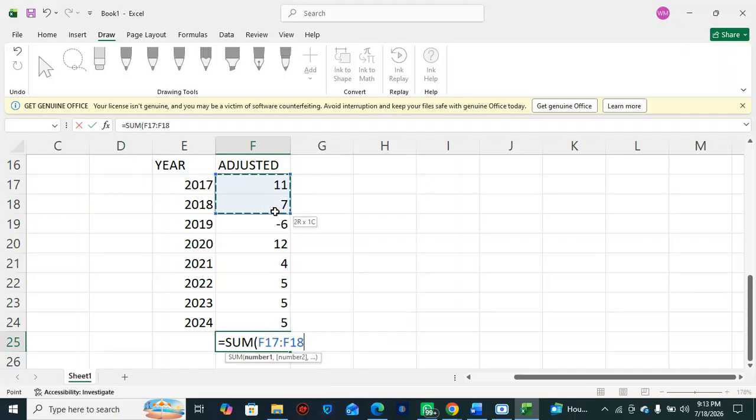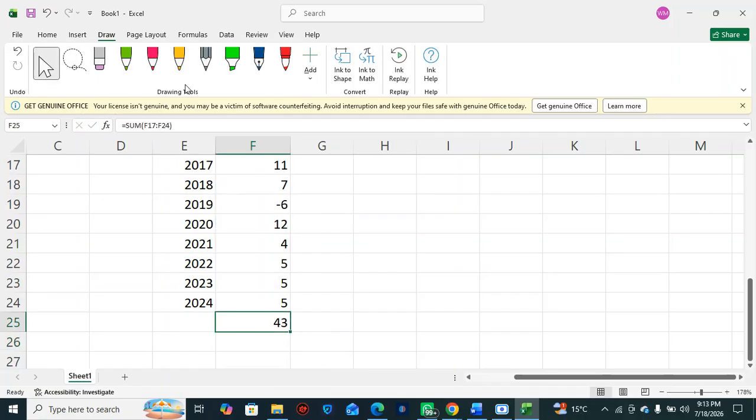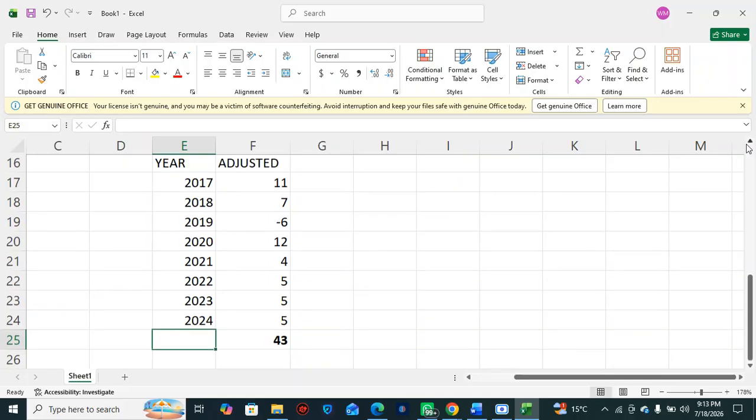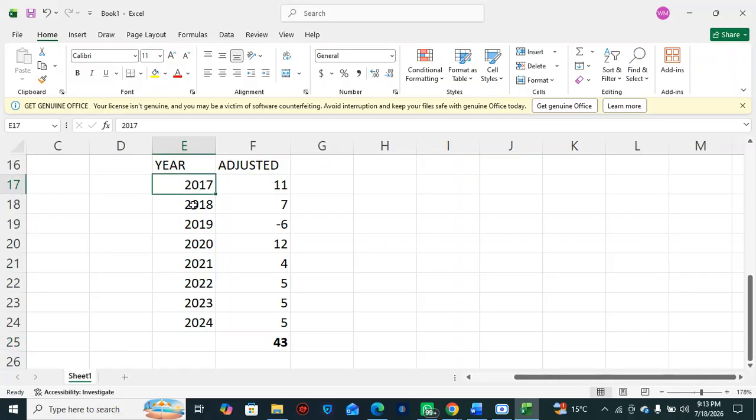We add 11 plus 7 plus -6 plus 12 plus 4 plus 5 plus 5 plus 5. We're going to get 43. Then we count how many years do we have? 1, 2, 3, 4, 5, 6, 7, 8. 8 years.